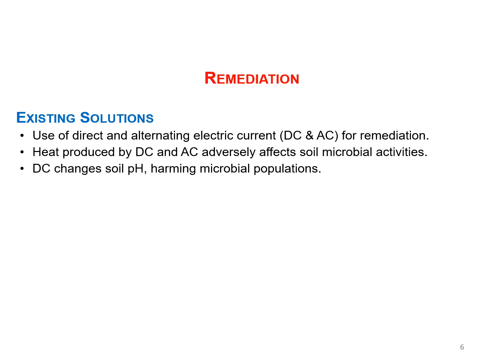For example, in electrokinetics, direct current or DC has been used for remediation. AC, alternating current, has also been used, but both DC and AC generate a lot of heat, and DC only mobilizes charged particles, and DC also changes the pH. Both the heat and the change in the pH could be harmful to the microbial populations responsible for biodegradation.